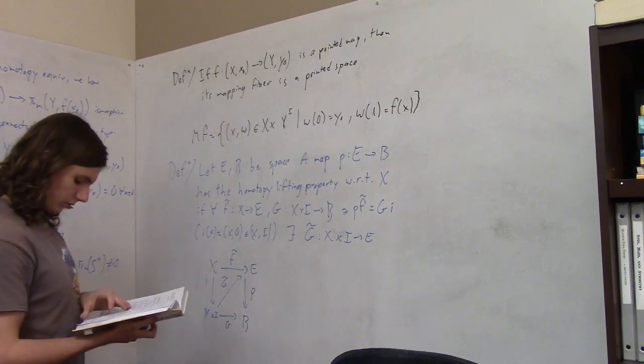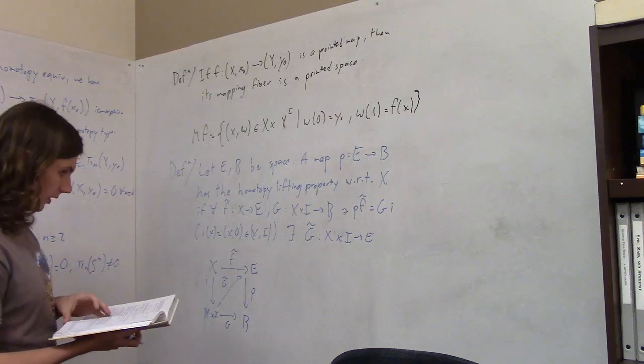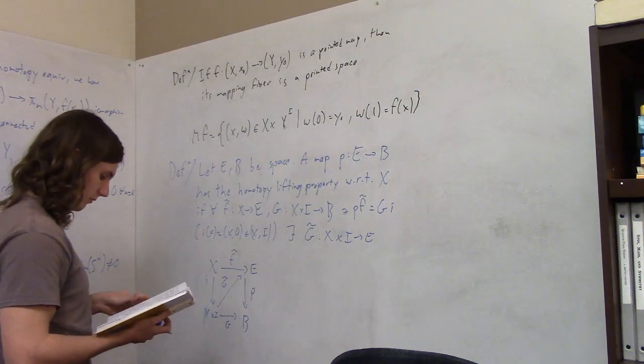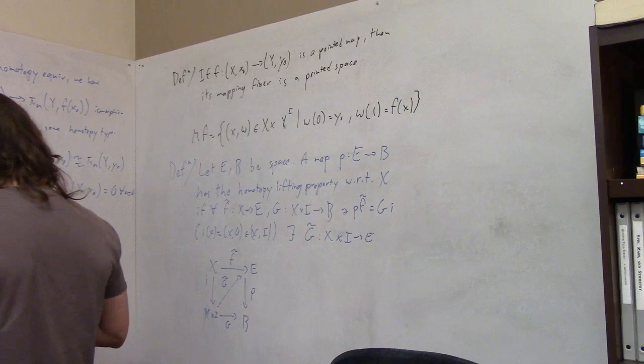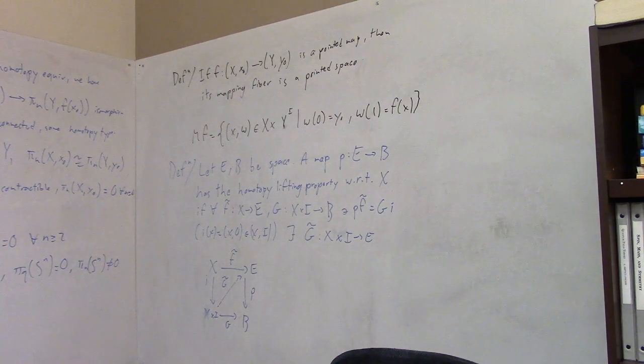If all that holds, then we say that the map p from E to B has the homotopy lifting property with respect to the space X. You have to be able to do it for every two maps f tilde and g.